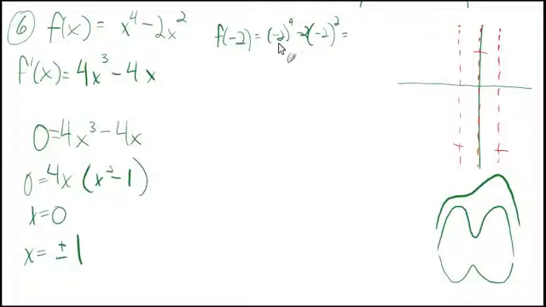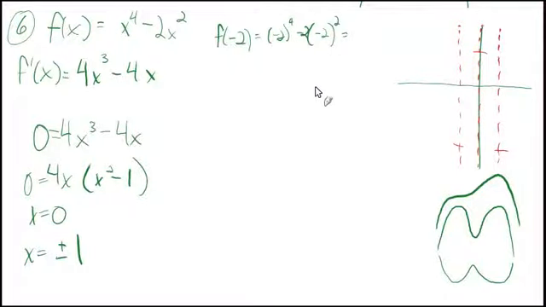This one is 16. This one is 4. And 4 times 2 is 8. 16 minus 8 is... and let's make sure I've got the 16. Let's see, 4 times 2.